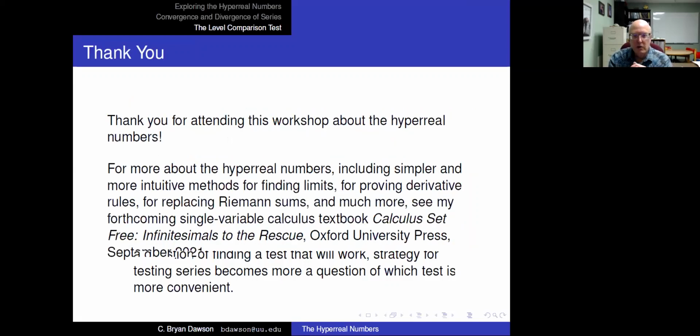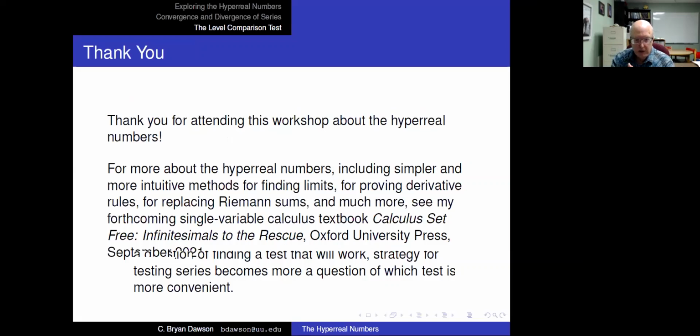But it turns out that you can also use these methods with hyperreal numbers to find easier and more intuitive methods for finding limits, proving derivative rules, a replacement for Riemann sums, and much more.